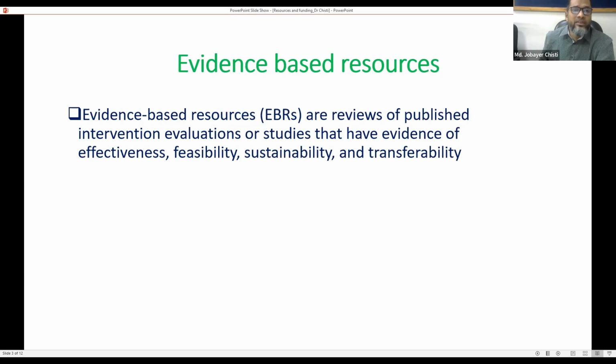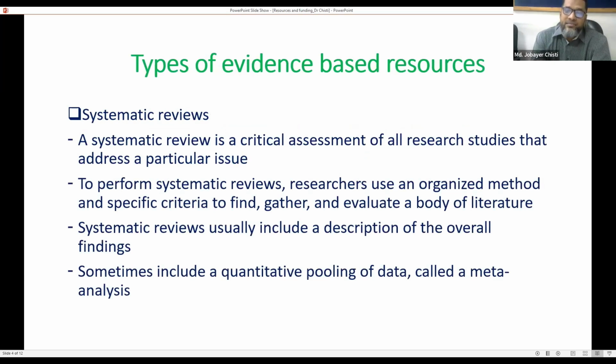And if we see the types of evidence-based resources, they are systematic reviews and non-systematic reviews. All of you know that systematic reviews focus on a particular issue, narrowing down the topic in a public health importance area.